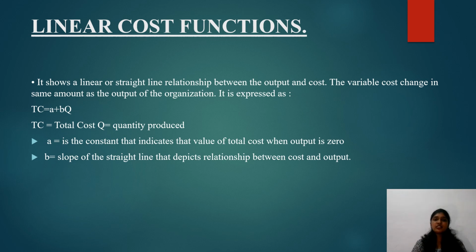The variable cost changes by the same amount as the output of the organization, and the linear cost function is expressed as TC is equal to A plus B into Q. TC means total cost, Q means quantity produced, A is the constant that indicates the value of total cost when output is 0, and B is the slope of the straight line that depicts the relationship between cost and output.